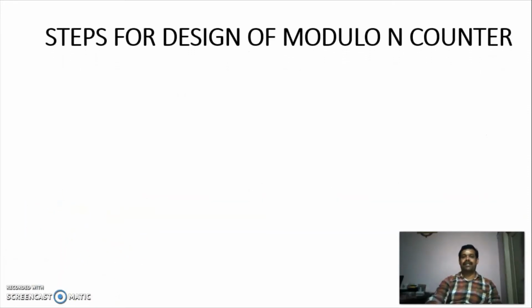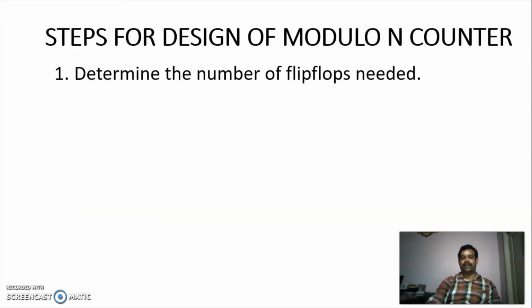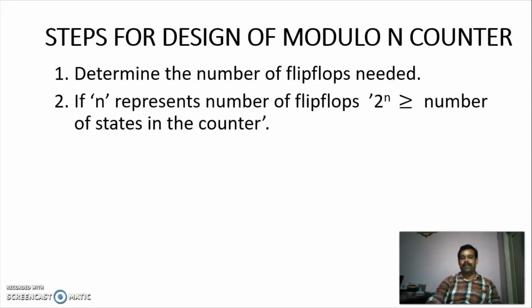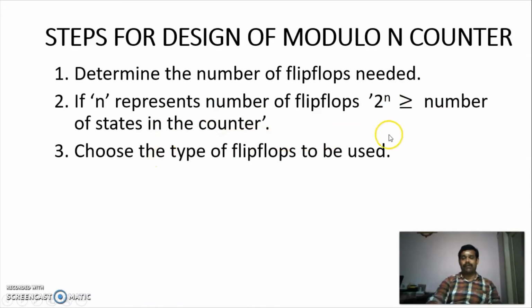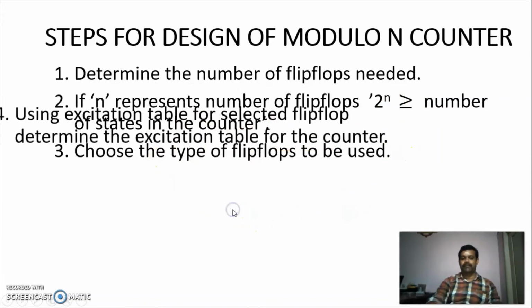So, the steps for design of a modulo n counter. First, we have to determine the number of flip-flops needed. If n represents the number of flip-flops, then 2 to the power n is greater than or equal to the number of states in the counter. Choose a type of flip-flop to be used.